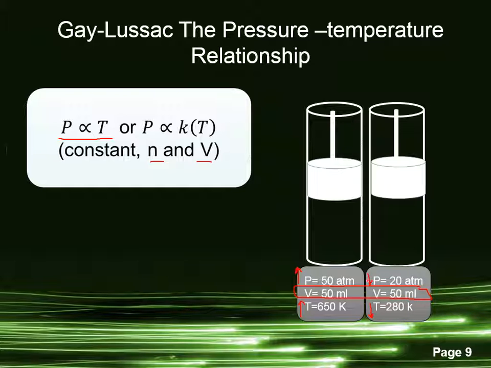The pressure and temperature have a linear relationship as long as volume remains constant. As the temperature increases, the pressure increases too. We have a direct relationship between pressure and temperature.